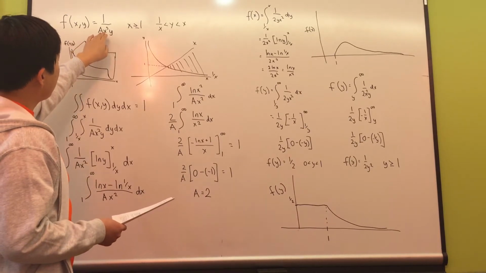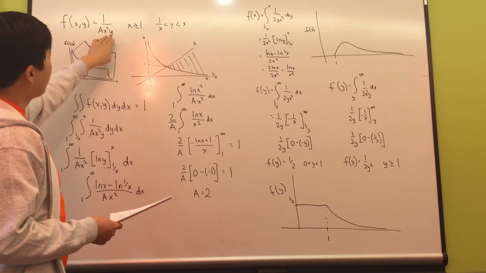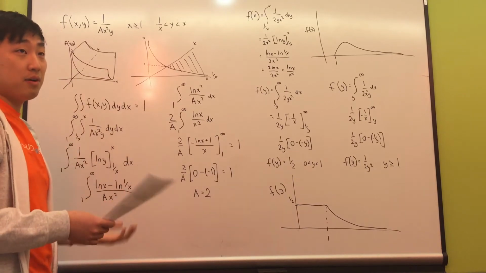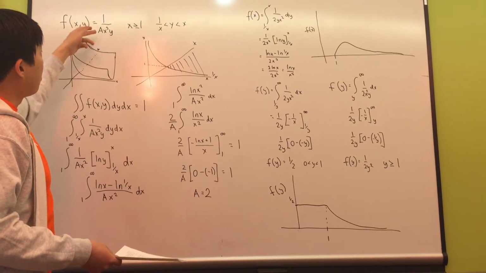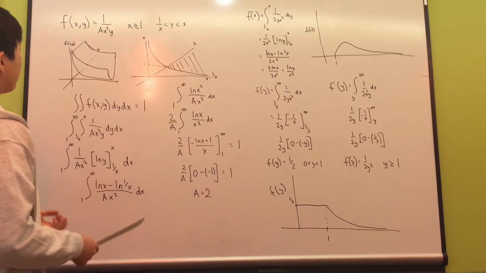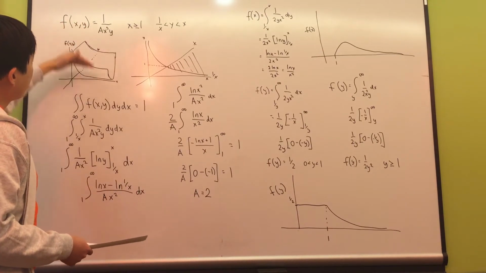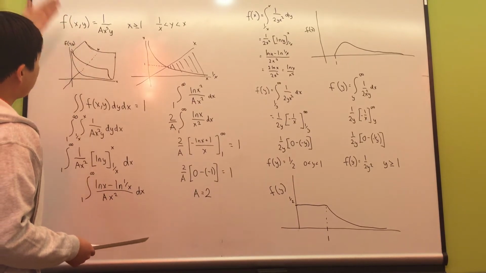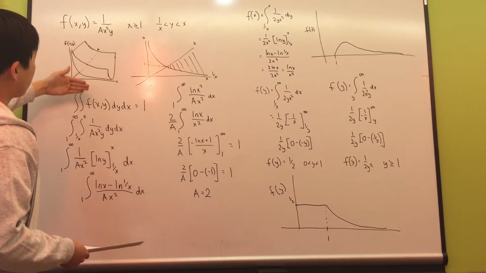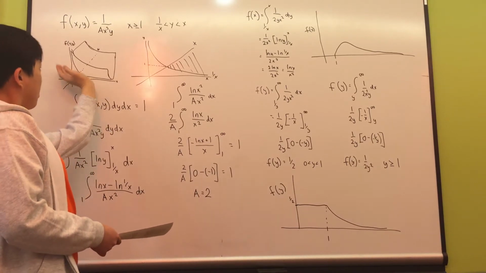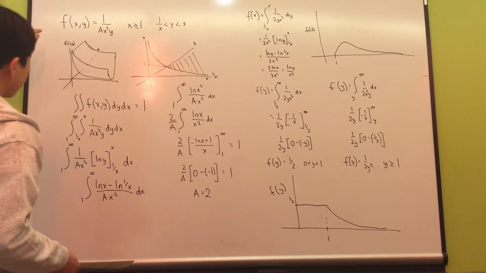When either x or y becomes very small, the value of f of x and y becomes incredibly big, because 1 over a small number is a very large number. So near the edges, where y equals 0 or x equals 0, the function approaches infinity.